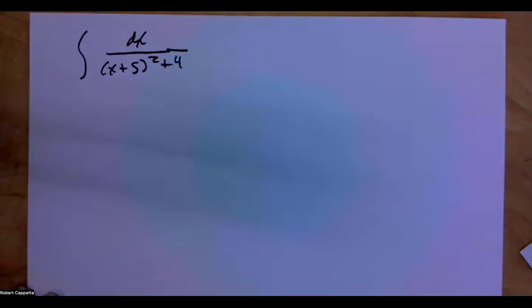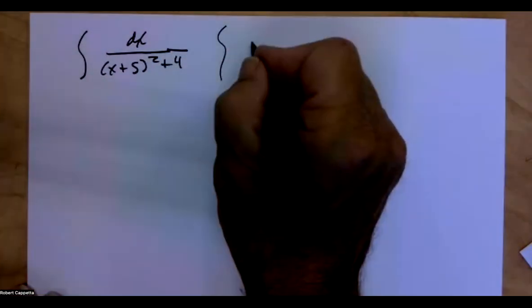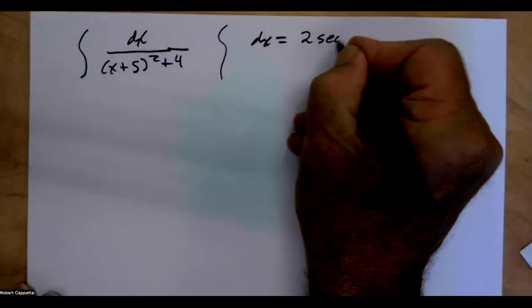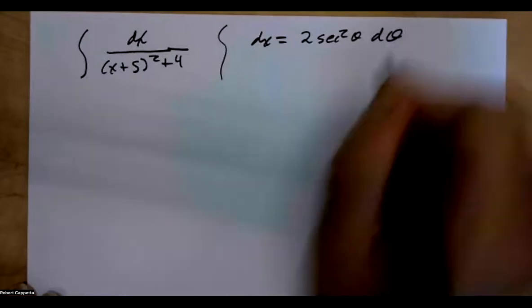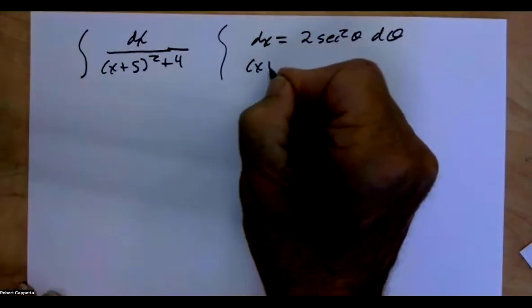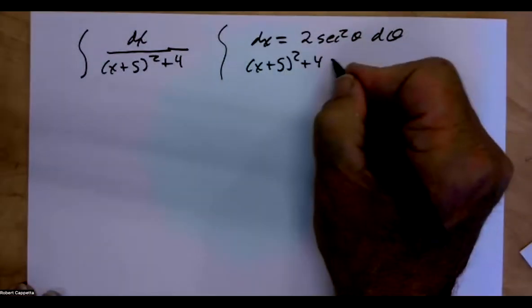What's the relevant information I needed from the previous page? We had dx was equal to 2 sec squared theta d theta. We had (x plus 5) squared plus 4 was 4 secant squared theta.